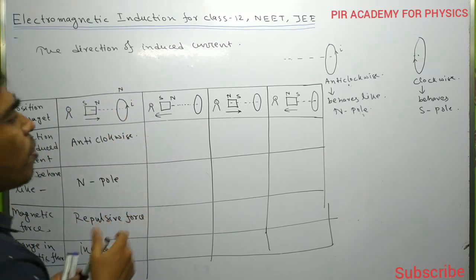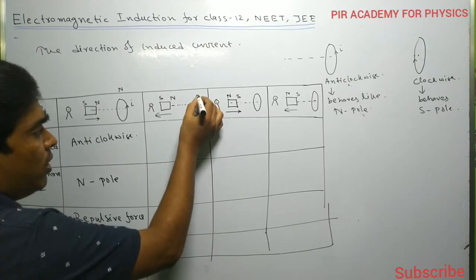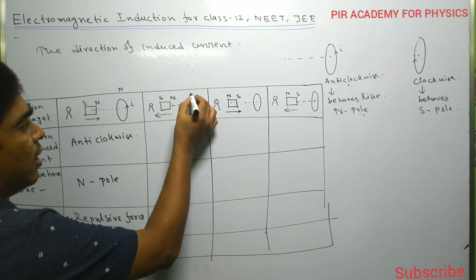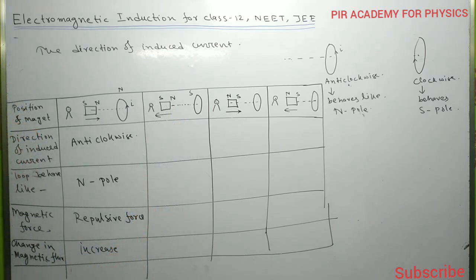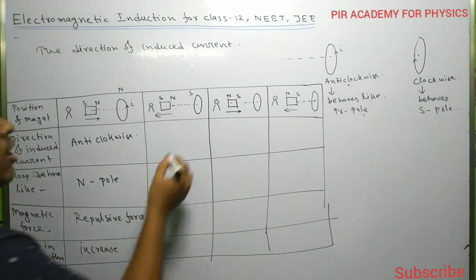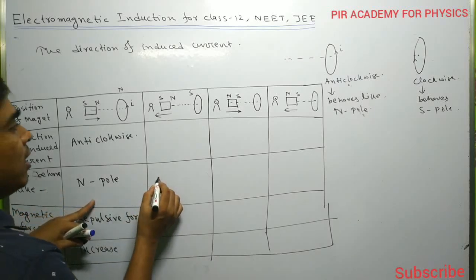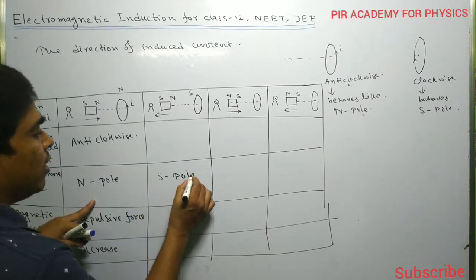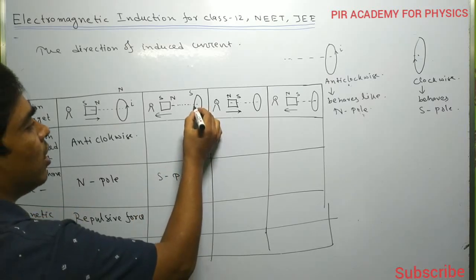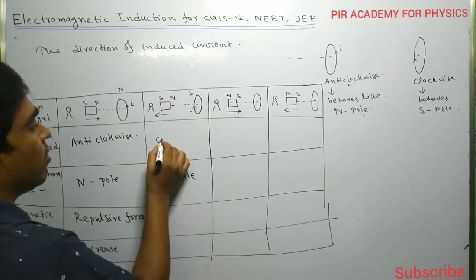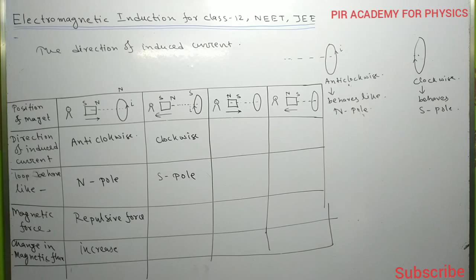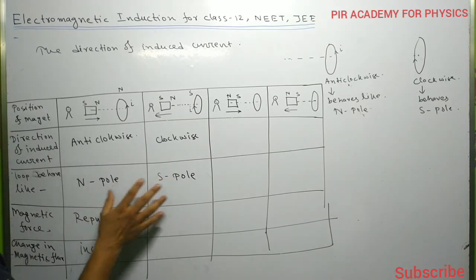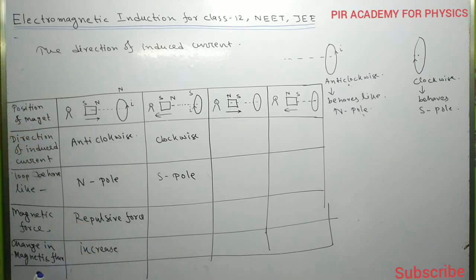And here this loop behaves like a south pole, because if there is a north pole, south pole and north pole attract each other. So the loop behaves like a south pole, and the current must be clockwise, because when current flows in the clockwise direction, this loop behaves like a south pole.